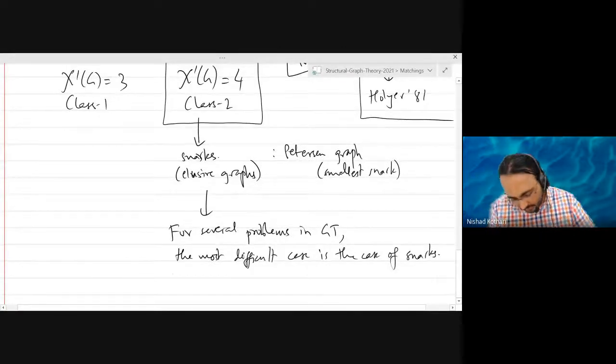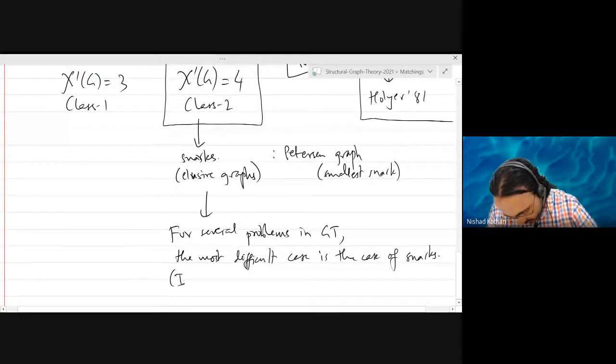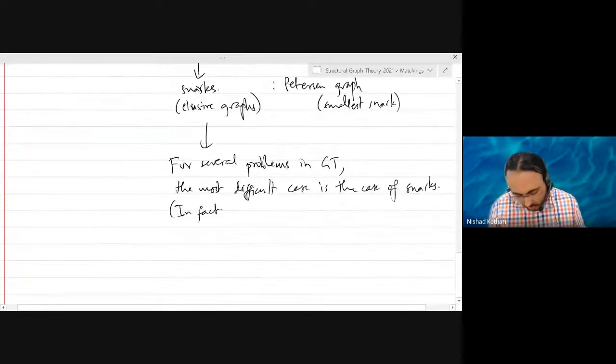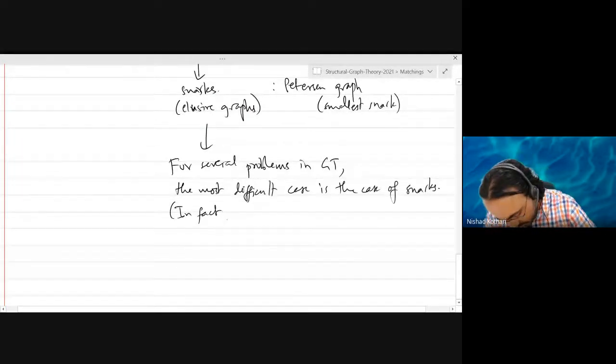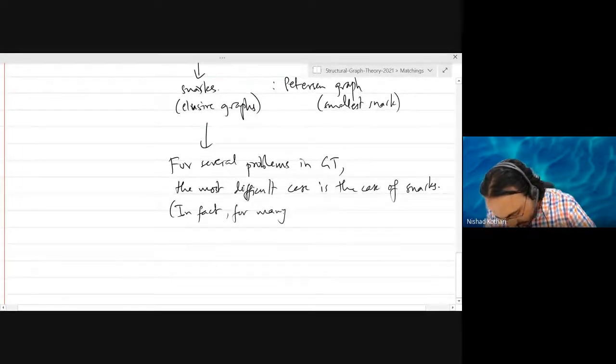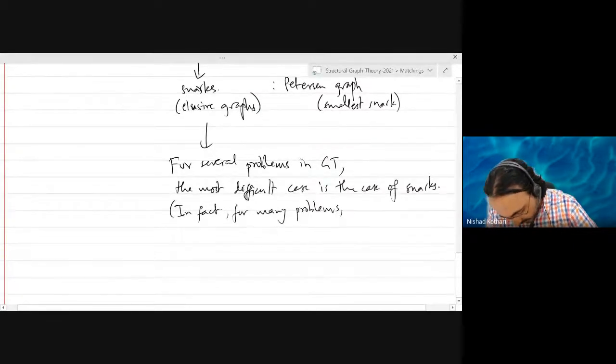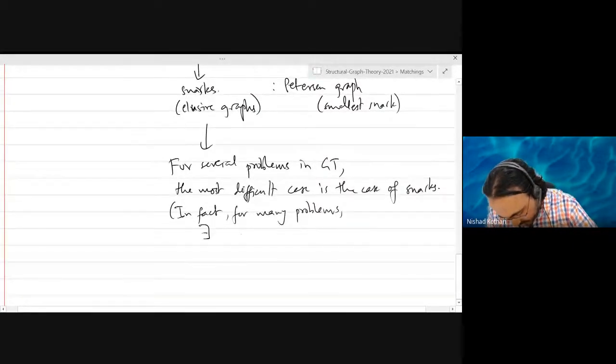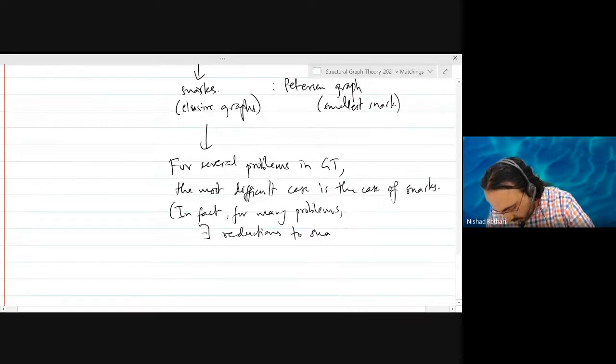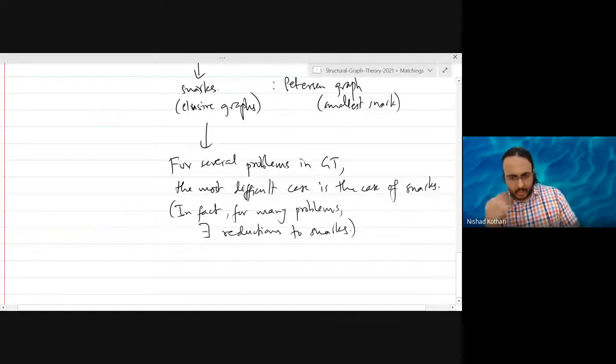In fact, for many problems, one may even reduce them to snarks. For many problems, there exist reductions to snarks. What I mean is, solving the problem for snarks will solve it for all graphs. That's what I mean by reduction.